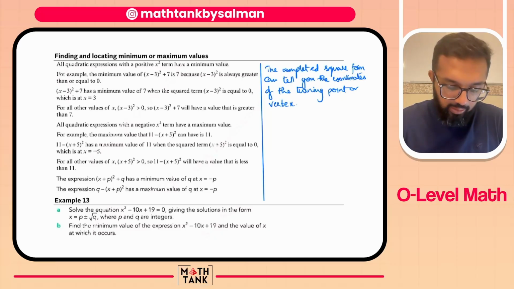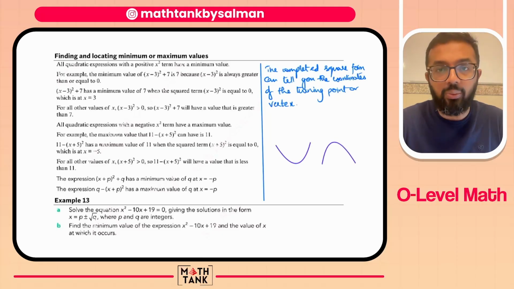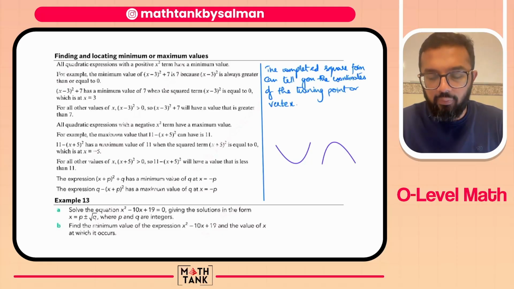We'll do this later, but quadratic graphs can either look like that or look like that. We'll talk about it when we are doing graphs of functions, but that is what a quadratic curve looks like. So what the completed square form can tell you is the coordinates of this turning point.